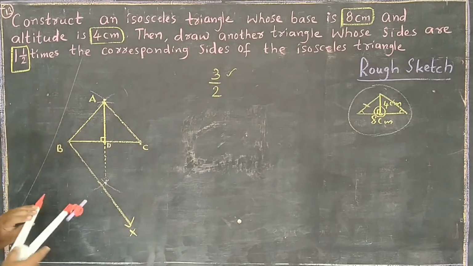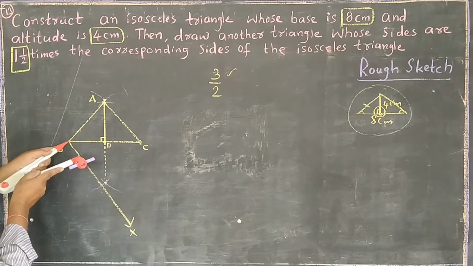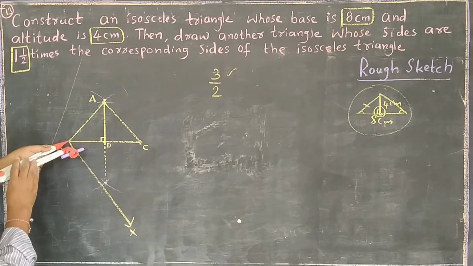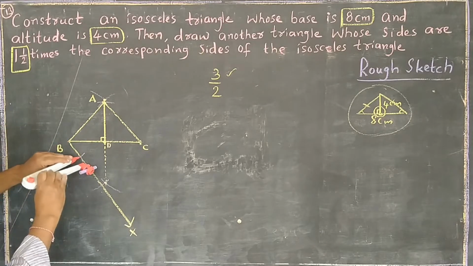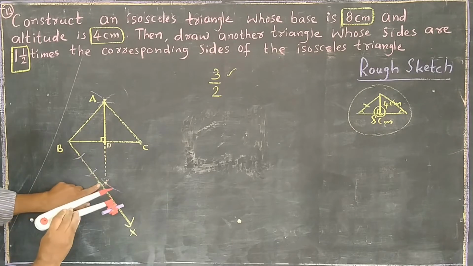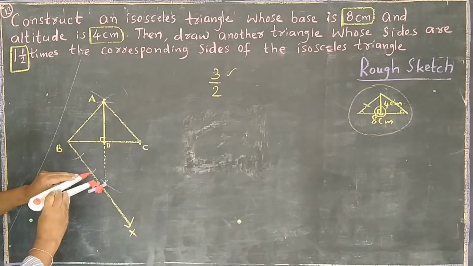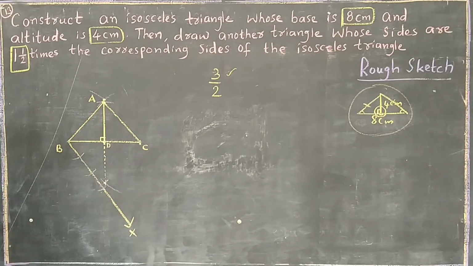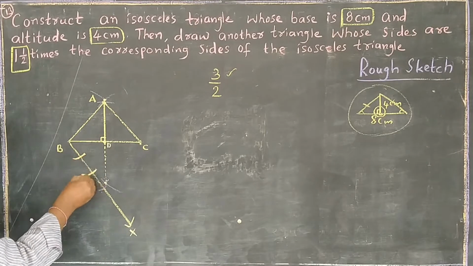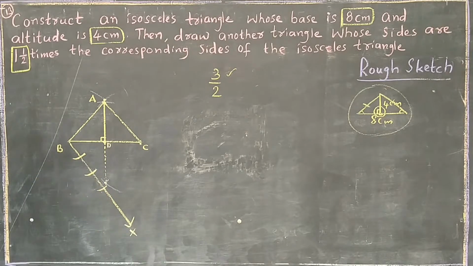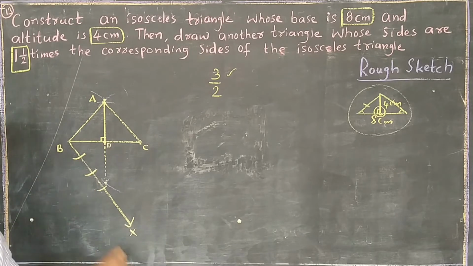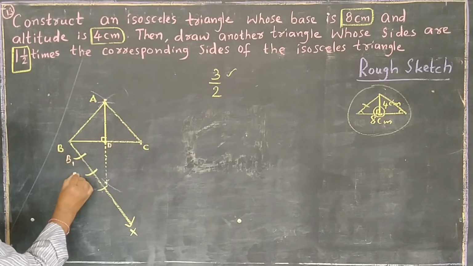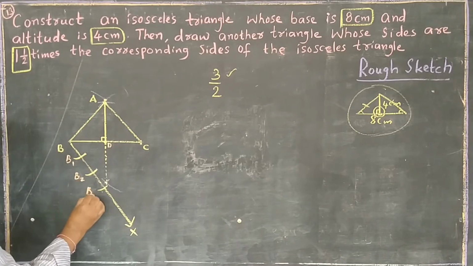Mark 3 points on BX at equal intervals: 1, 2, and 3. These three are equal intervals, named B1, B2, and B3.